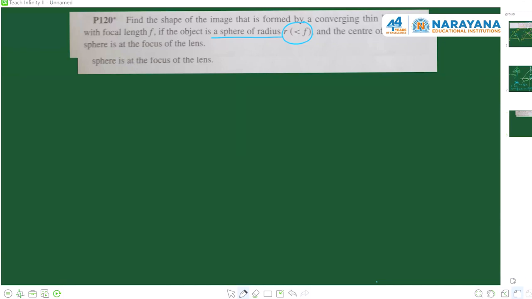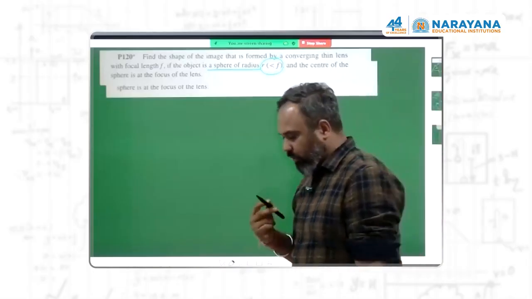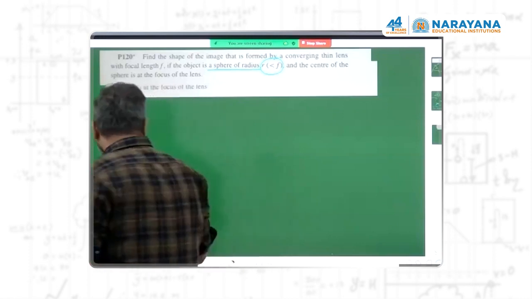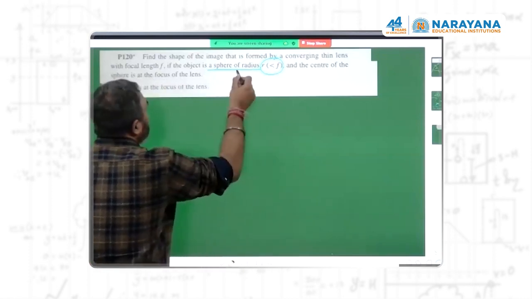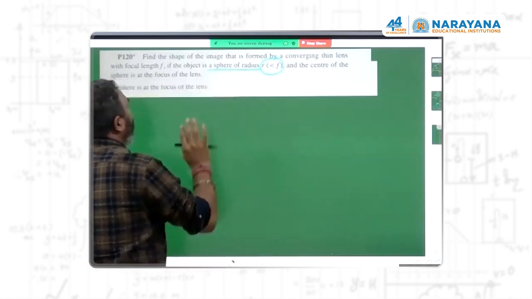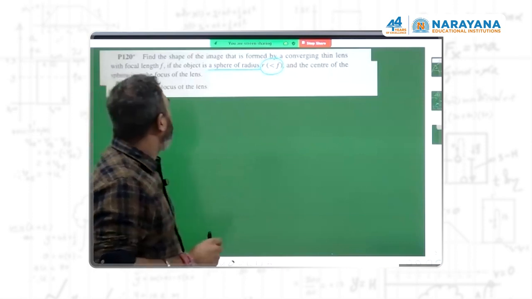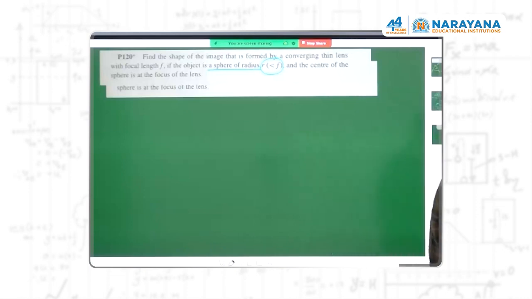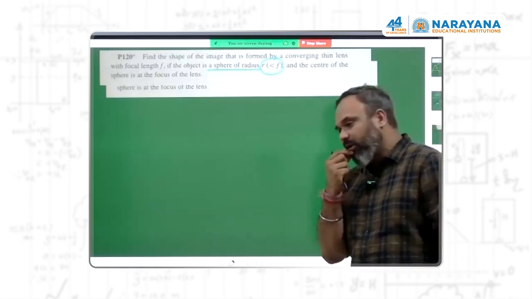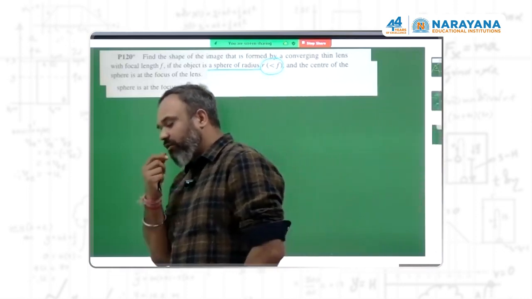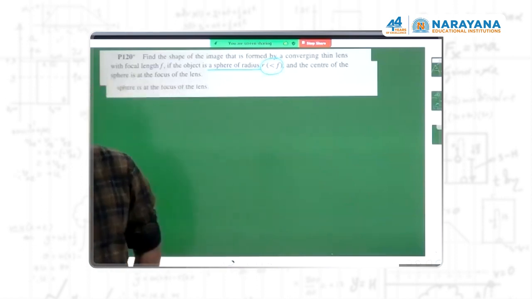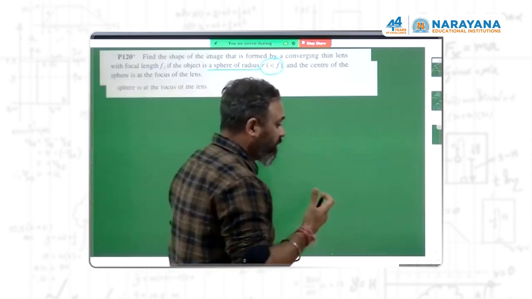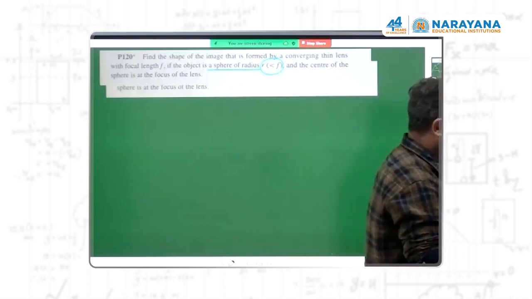There is one assumption: all the rays starting from any of the points on the periphery of the sphere, while they come out of the object, the refraction happening within the sphere, you have to neglect.